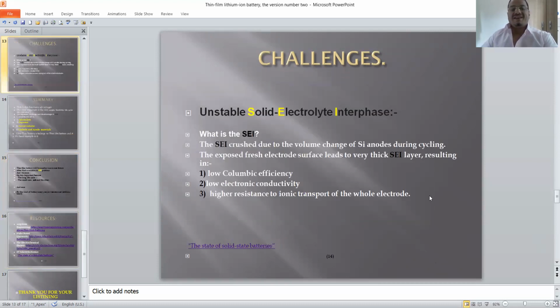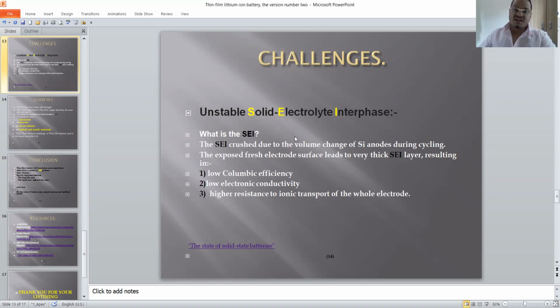Now, let's go to the most important challenge, not just in lithium-ion batteries. Honestly, in all the secondary batteries, we share the same disadvantage, the same challenge. This challenge here is the SEI, these simple 3 letters, that mean solid electrolyte interface.